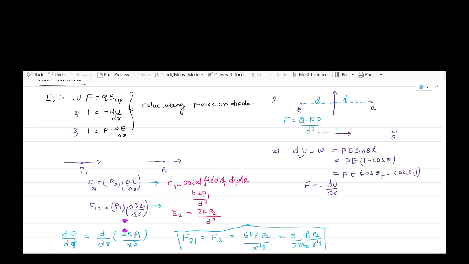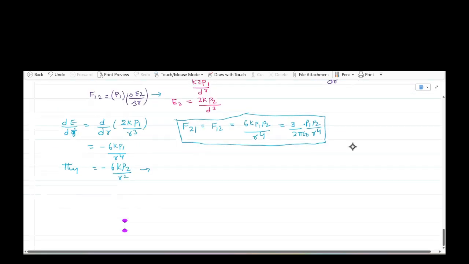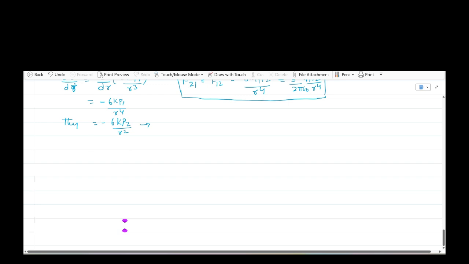Here also, if it is on the axial line at distance d from the dipole moment, then the force on the charge or on the dipole is equal to Q into 2KP by d cube. So you should know the field of a dipole at an axial point and at an equatorial point. I already gave those fields about 10 minutes before, the fields we discussed. Now coming to another situation in the same model, where the dipoles are like this.